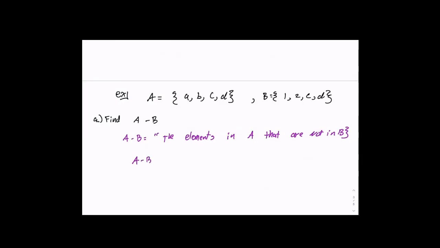So A minus B would therefore be what? What are the elements that are in A that are not in B? A and B. A and B are in set A, but are not in set B.